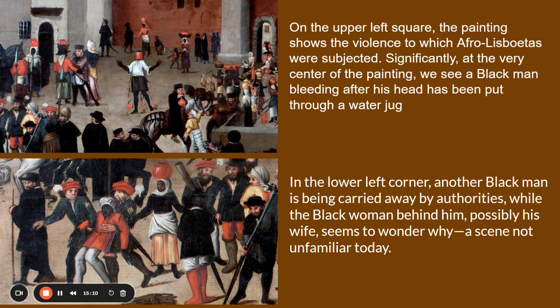What does that isolation mean? Nobody's around him. He's not within a crowd. He becomes a focal point for that reason. So why does the artist want us to make sure we notice this person out of all the people that are in the painting?